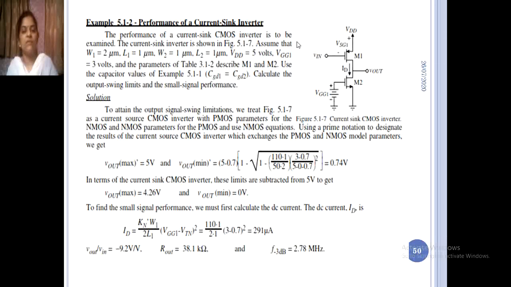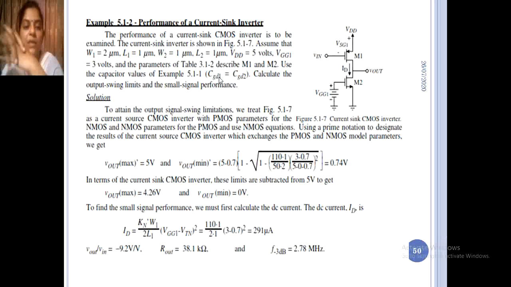The current sink inverter is shown in the figure. Assume these are the length specifications, W1/L1, W2/L2. VDD is equal to 5 volt and VGG is equal to 3 volts. And the temperature and table 3.12 describe M1 and M2.